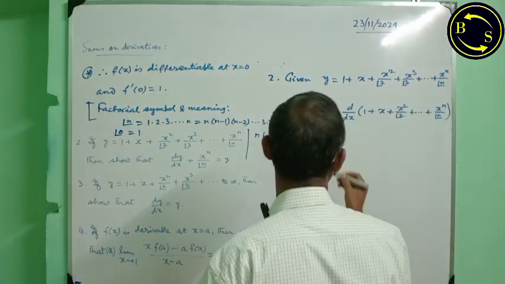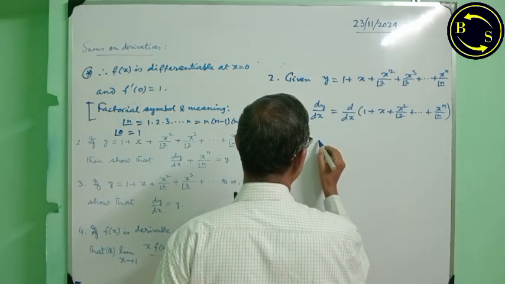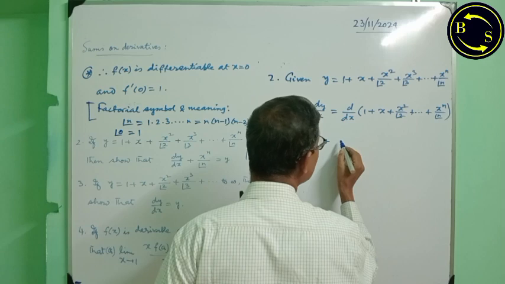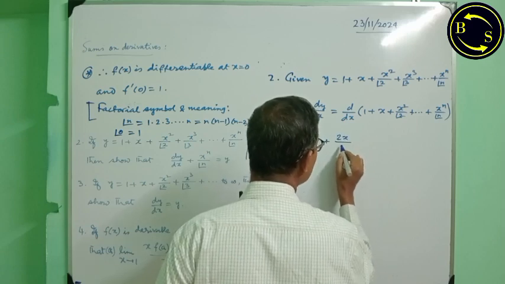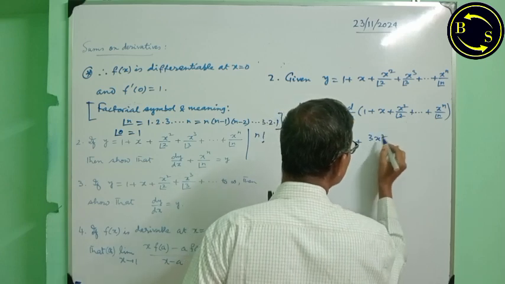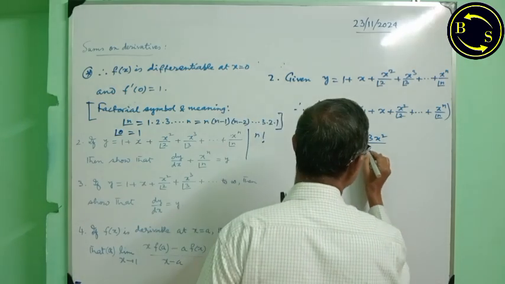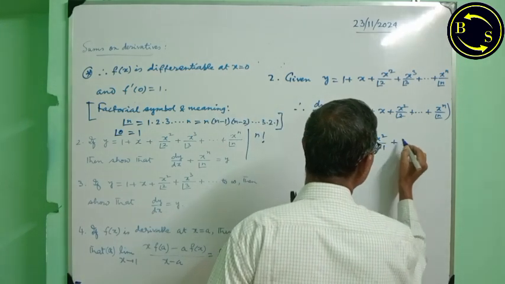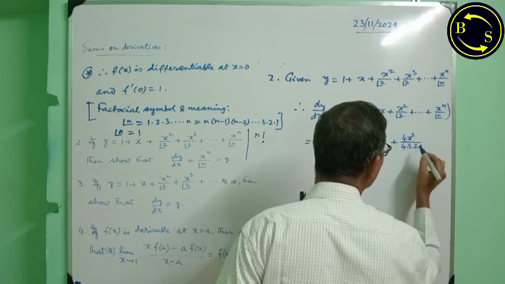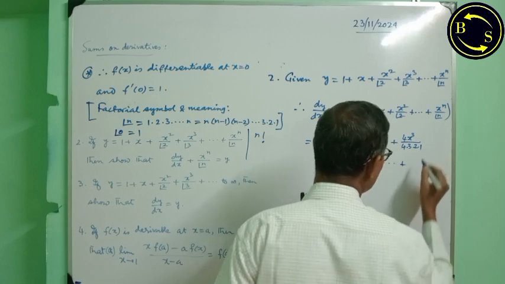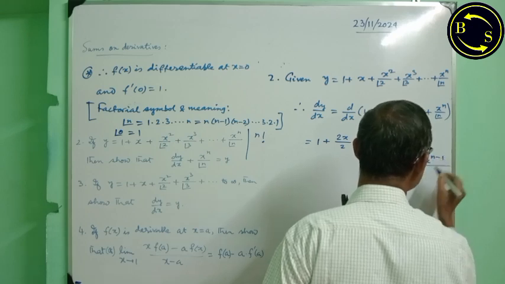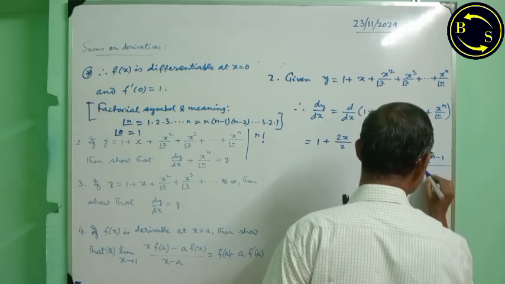I write here, skipping that step. d dx of 1 is 0, d dx of x is 1, then d dx of x square by factorial 2, that means 2x by factorial 2 means 2, then 3x square by factorial 3 is there, that is 3 into 2 into 1, then 4x cube, 4 into 3 into 2 into 1 plus, this will be n x to the power n minus 1, then this is n into factorial n minus 1.